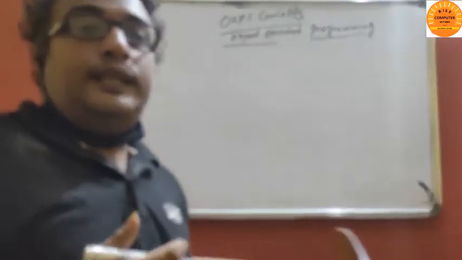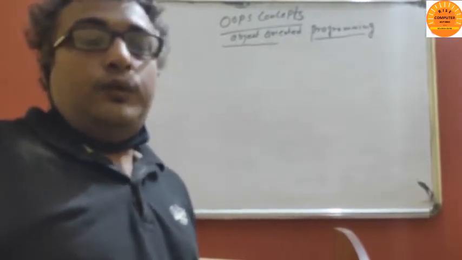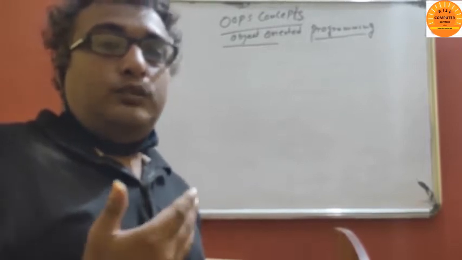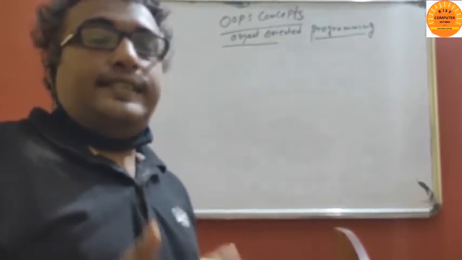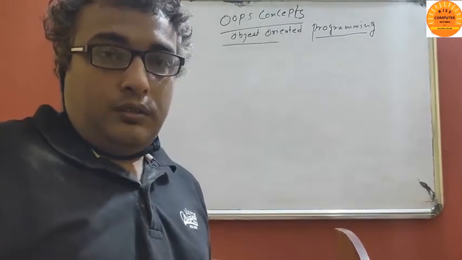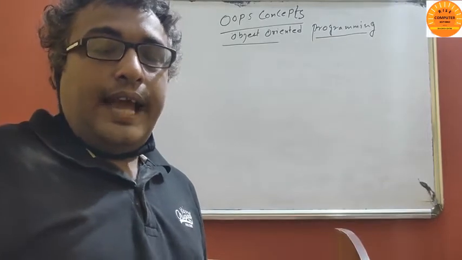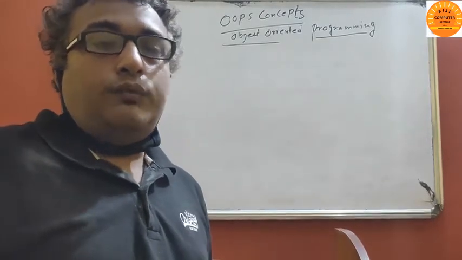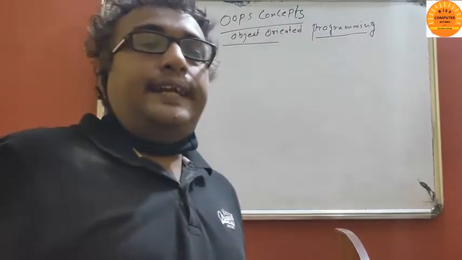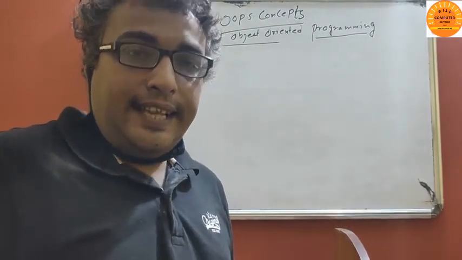Object-oriented programming is a concept, and in future we will explain this programming by using Java as well as C++ or Python. First of all, we have to know what an object is and what the properties of object-oriented programming are. An object is a particular thing that has physical existence.